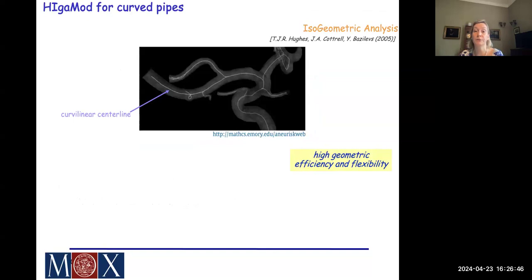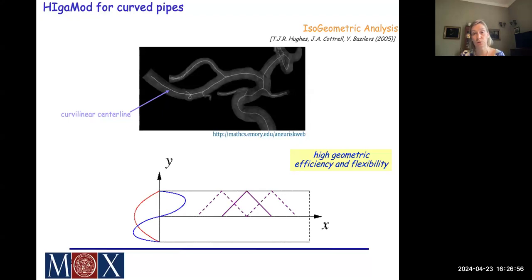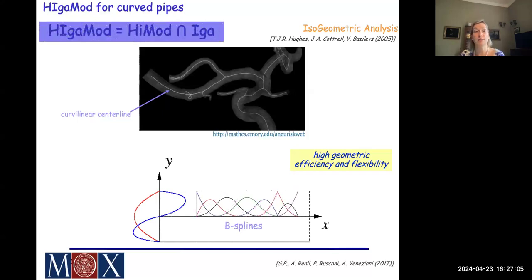So we decided to exploit the high geometric efficiency and flexibility of isogeometric analysis. And so what we decided to do has been to replace the hat functions along the mainstream with standard B-splines, thus giving rise to a smart combination of HiMod with IGA.